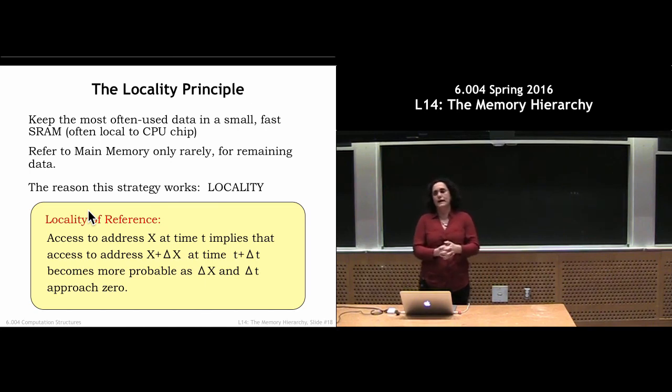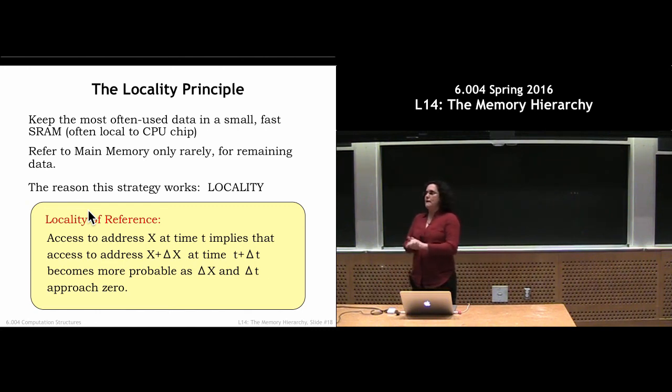The idea of locality is as follows. It basically says that if I'm accessing location X in memory, then it's very likely that at a time t plus a small delta t, I'm going to access another location that's very close to that one in memory. Okay, and we'll take a closer look at the exact meaning of that in a second.